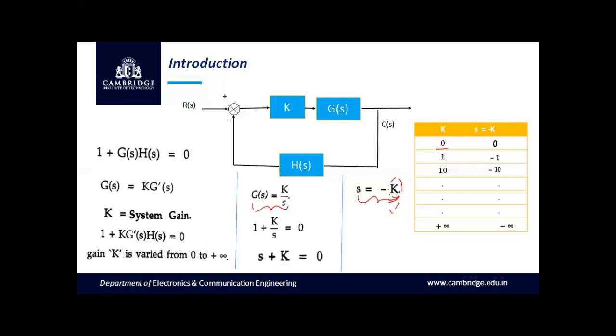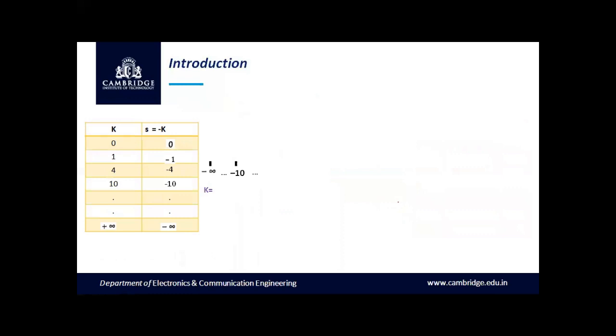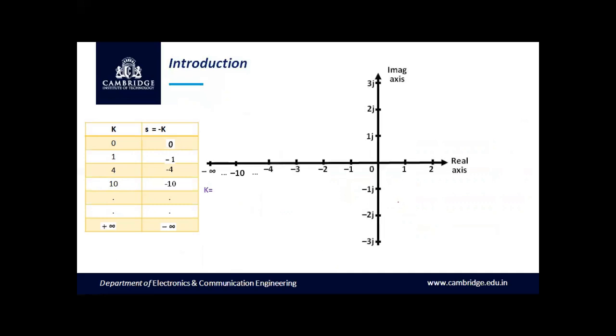Now, if I plot it in the S-plane, we could see the change in the location of the roots. That is, when K is equal to 0, I get exactly a root at s is equal to 0. And when K is equal to 1, I get a root exactly at s is equal to minus 1.